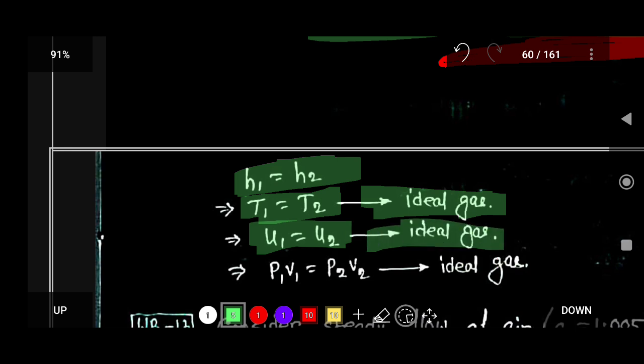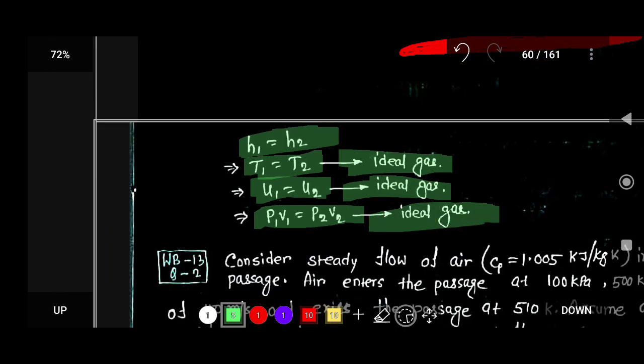As T1 is equal to T2, you can say that P1 V1 is equal to P2 V2. The only thing is it must be an ideal gas.